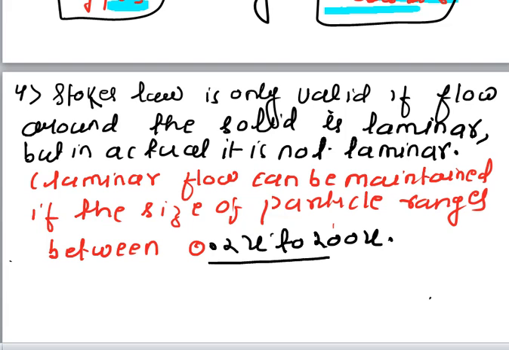So this is the range of particle size under which Stokes law is valid. It should be remembered anyhow.